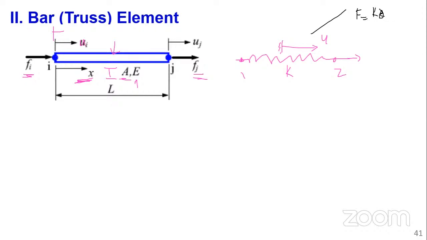And the K for the spring was KS. Now, the K we described as KS, minus KS, minus KS, KS. I'm just putting the S's so that you know this is the actual stiffness of the spring.